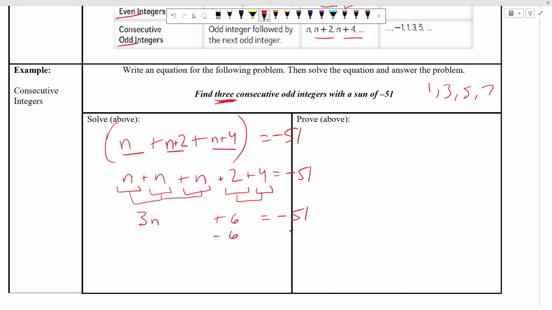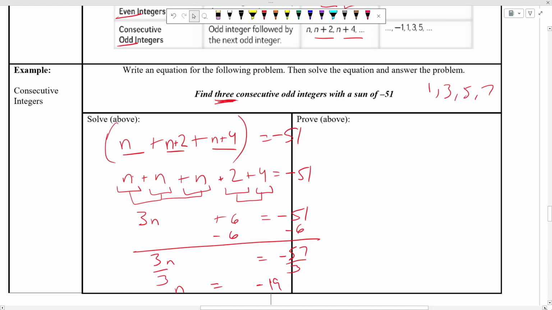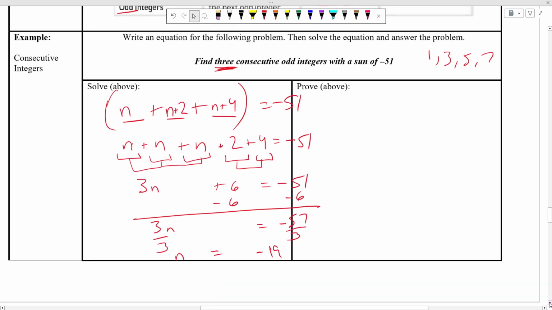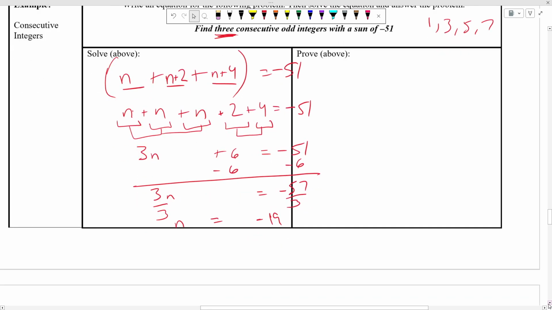Let's solve that thing. Minus 6, minus 6. I got 3n equals minus 57. Divide by 3, divide by 3. n happens to equal negative 19. Aha, now I solved for n. Now though, understand the question is not asking me to solve for n, it is asking me to solve for three consecutive integers.